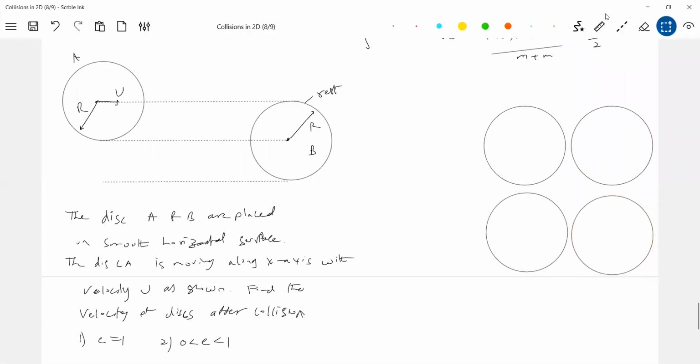Okay, go to the respective diagram. During collision, they should be brought here. That's the same diagram. You just bring sphere A till here. I'll continue the diagram here.